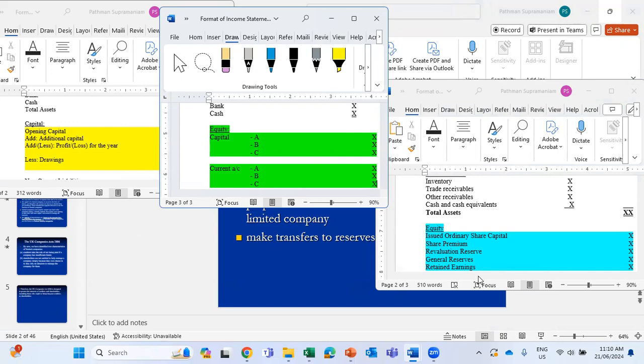On the extreme left, sole trader. Then in the middle is partnership, followed by limited company.